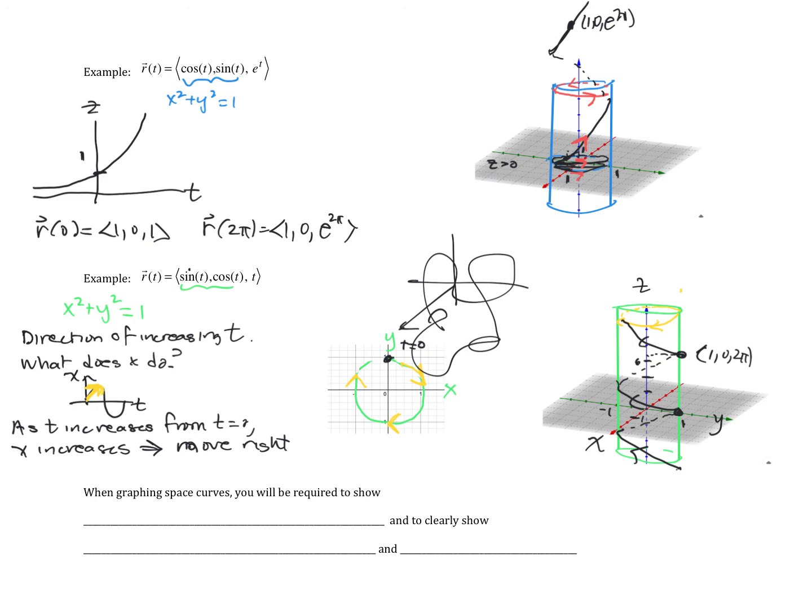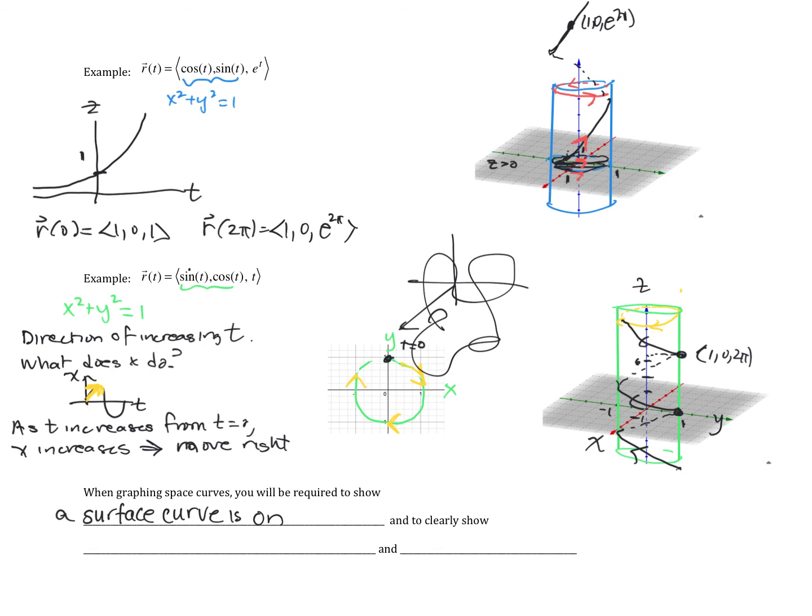So the way that we help with that optical illusion is we make sure we show 3 things here. One is you need to show a surface that the curve is on. A surface that the curve is on. Okay, in my case, in all 3 of my examples, it was that cylinder.